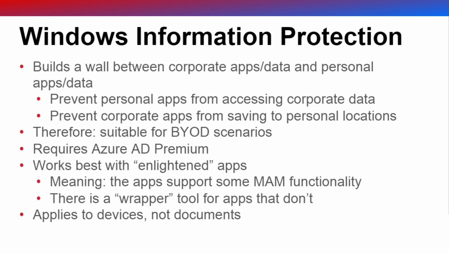You've got to pay Microsoft some money. It works best with apps that know about it, so the apps support some mobile application management capability. It can sometimes be used with unenlightened apps that don't know about MAM capabilities, but it doesn't always work. This applies to devices rather than documents. WIP is the acronym here.